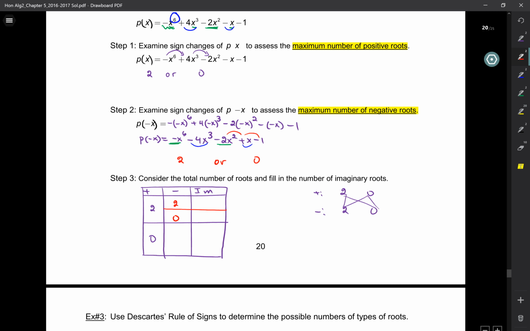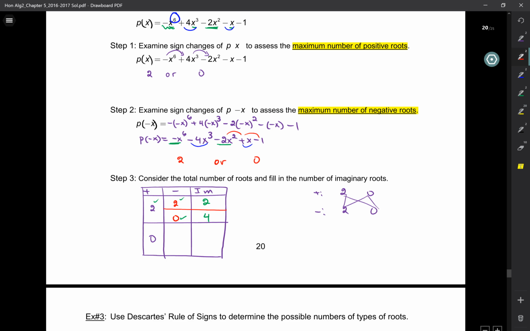Now, look at the top row. If it's got 2 positive, 2 negative, that's a total of 4. How many does that leave for imaginary? 2. For a total of 6. You see it? If it's got 2 positive, 0 negative, how much does that leave for imaginary? 4.